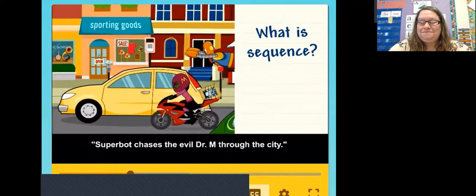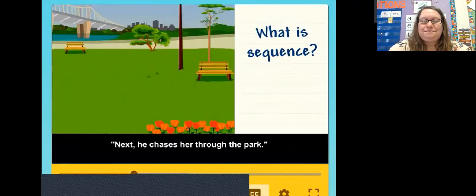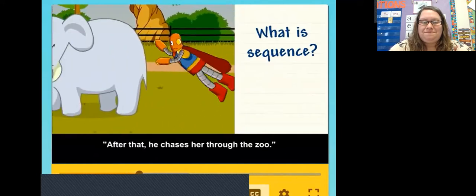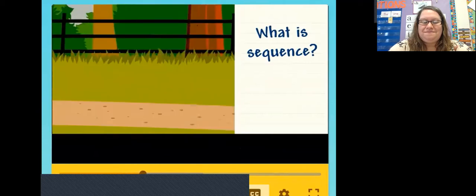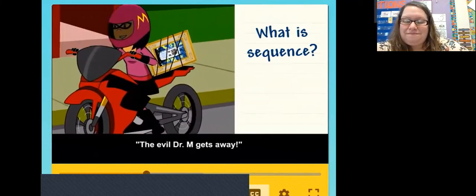Superbot chases the evil Dr. M through the city. Next, he chases her through the park. After that, he chases her through the zoo. The evil Dr. M gets away.